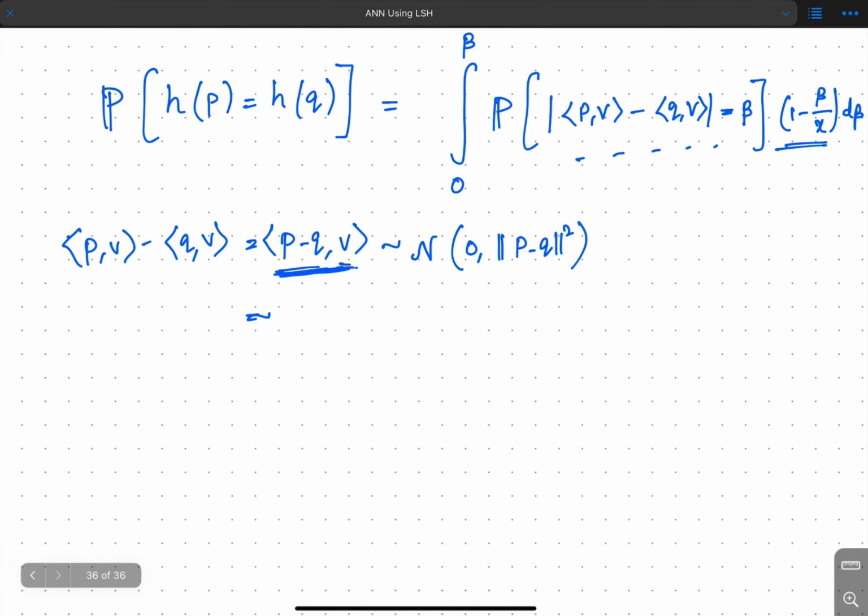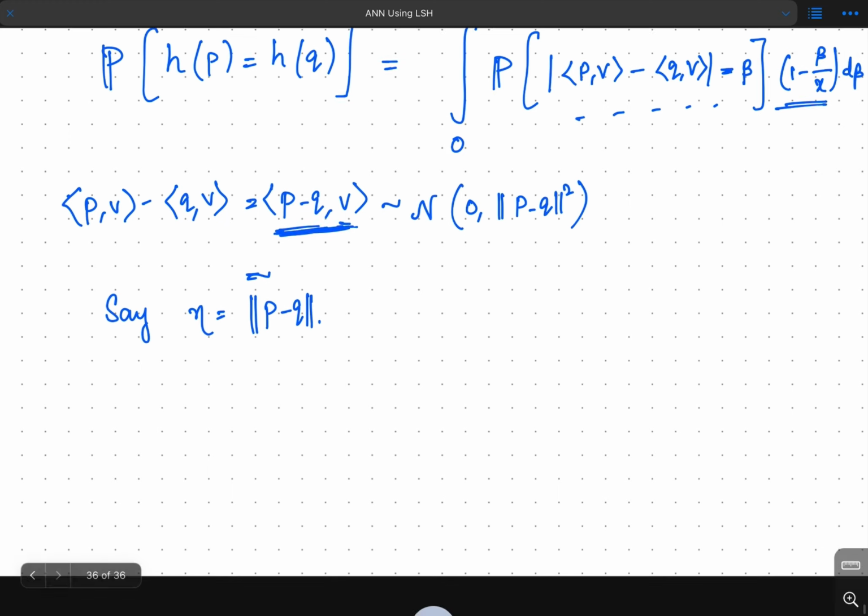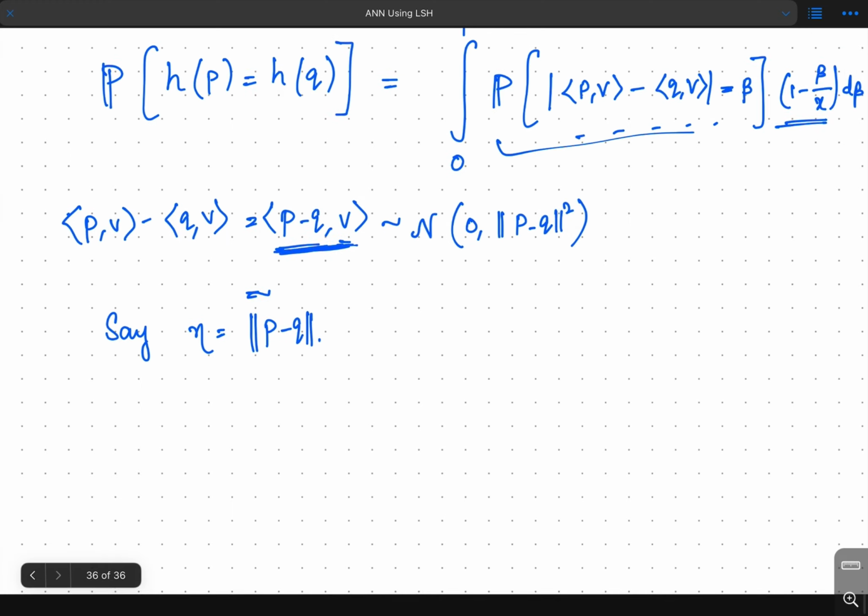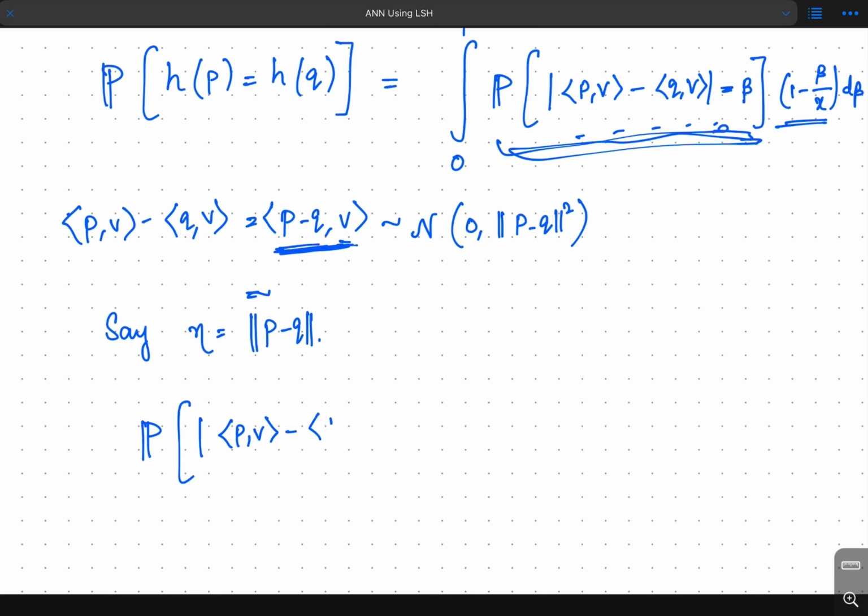Okay, so we just substitute that. Let's say eta is equal to norm P minus Q, then this probability we can rewrite as the probability that we want <P, V> minus <Q, V> is equal to beta.